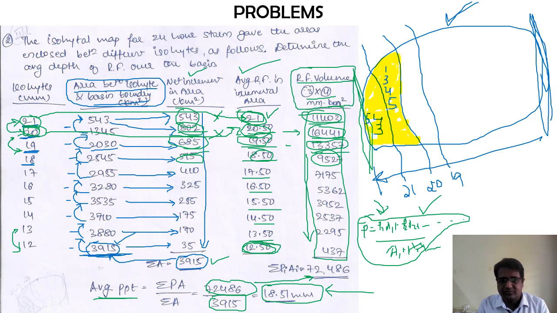So this is basically the problem, and how you can solve it. We have gone through various different ways of representing rainfall data, and for the calculation of average precipitation with the isohyetal method, we have solved 4 problems, each with a different way of solving.